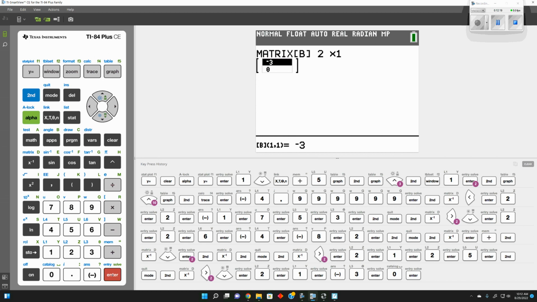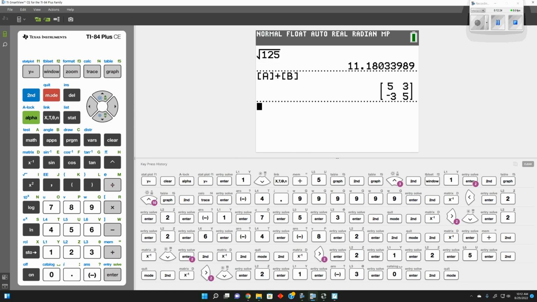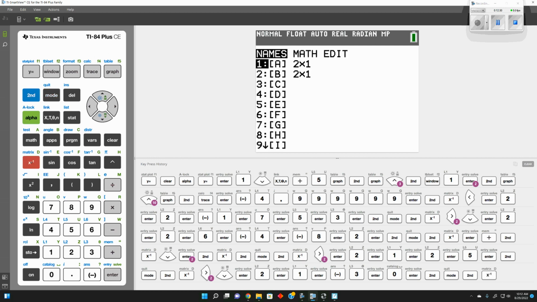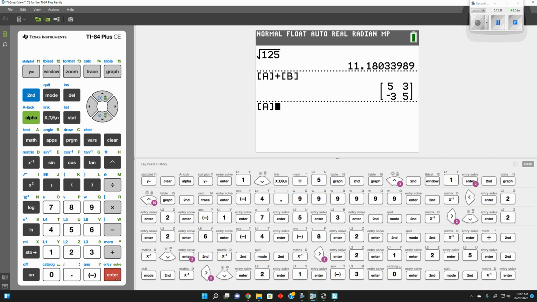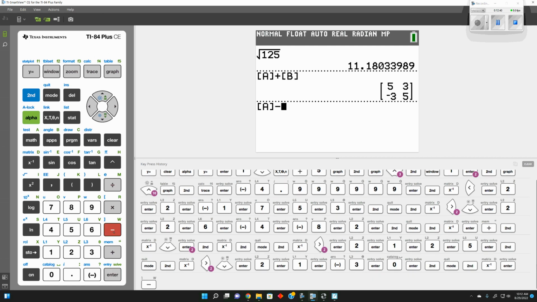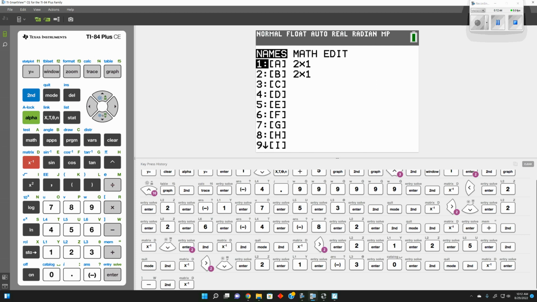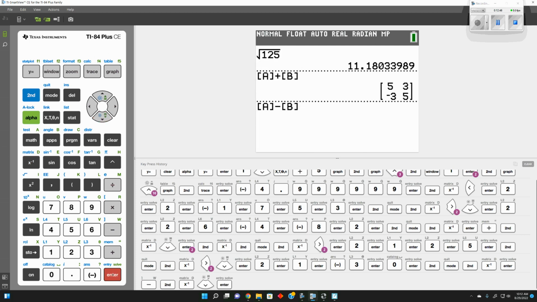Any questions on how we inputted the two matrices? We're good? Okay. Now we can go second quit. Now to call the matrices up, the first one we need is matrix A. So we can go second matrix, enter for A, because that's the first one we had, yes? And what are we doing? We're subtracting from it the matrix we called B. So we'll say second matrix, go down one, enter, and we get 5, 5.